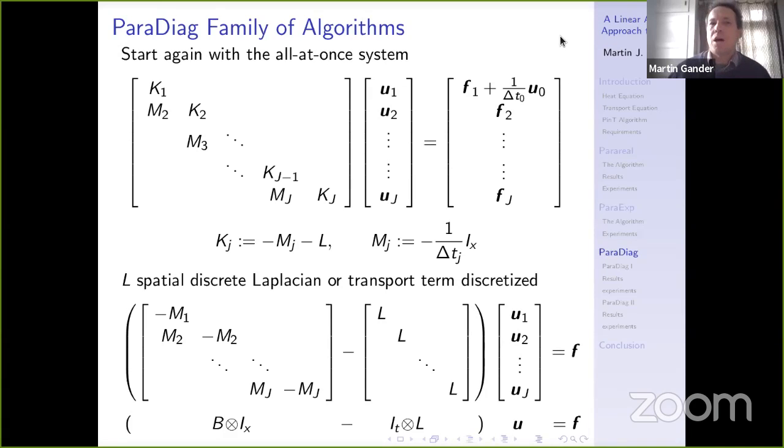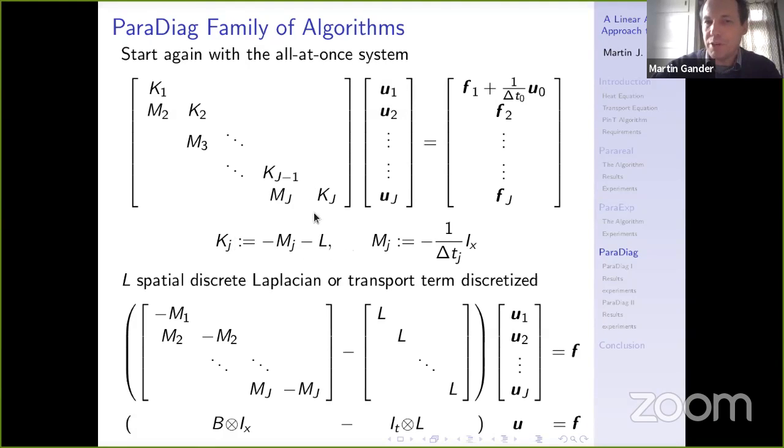Now I'd like to get to the last family. It's the ParaDiag family of algorithms. And you start again with this all-at-once system. And now I reintroduce the index on the matrices because I want to use a different time step for each integration step. So in this case I have an index j.